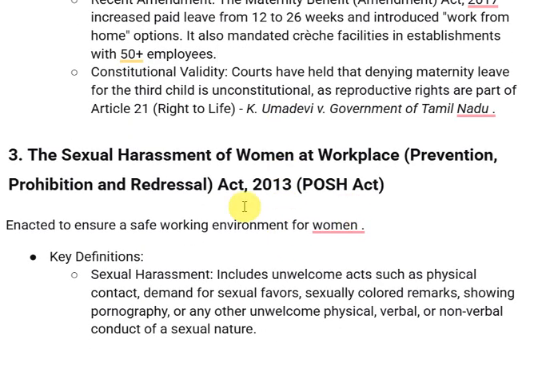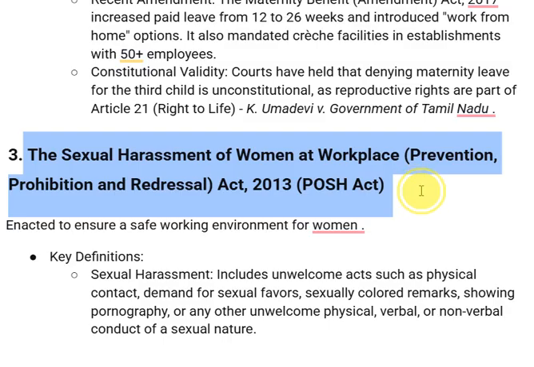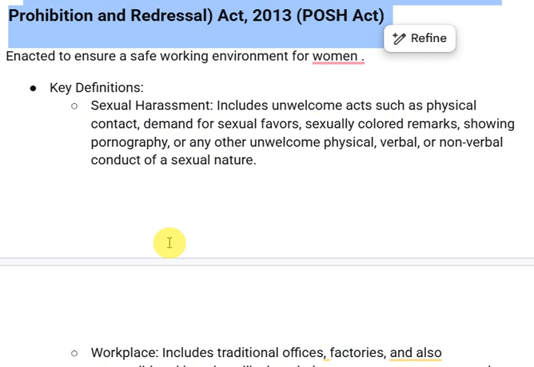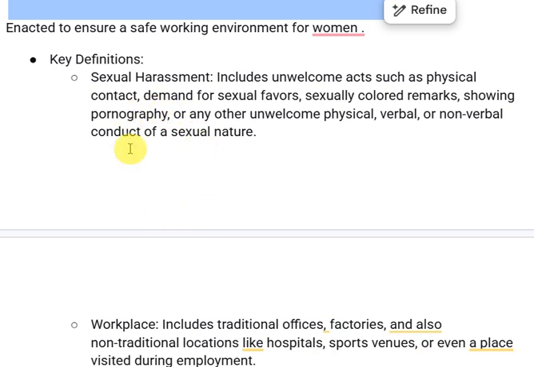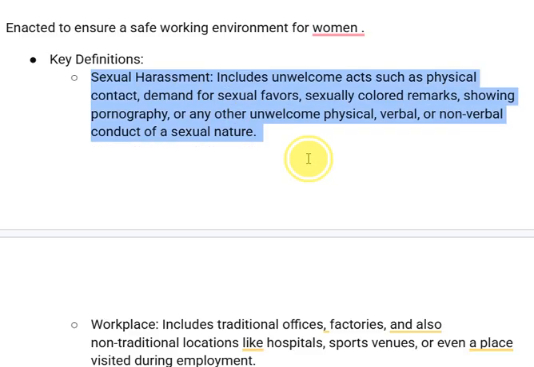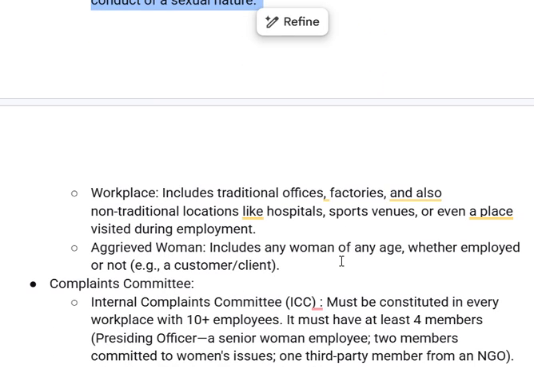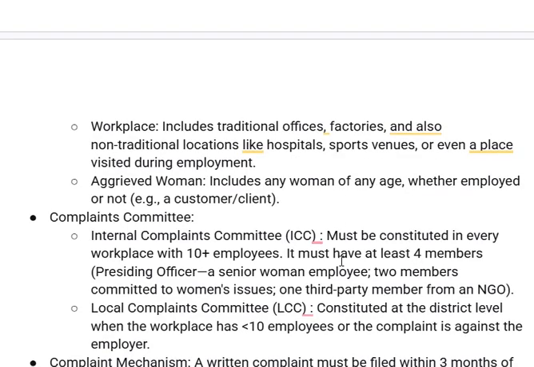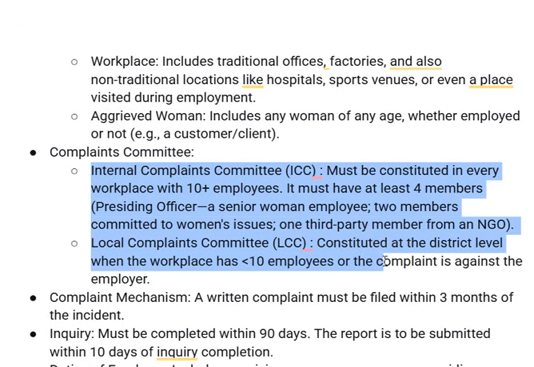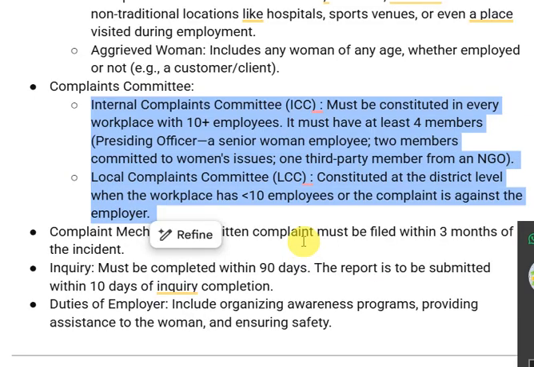Then another important law is on sexual harassment of women at workplace. It is called the POSH Act 2013, and it gives definitions related to sexual harassment, which include unwelcome acts like physical contact, or demand for physical favors, or sexually colored remarks, etc. So this is a very important law, and there is an internal complaint committee, and there's also a local complaints committee at district level.